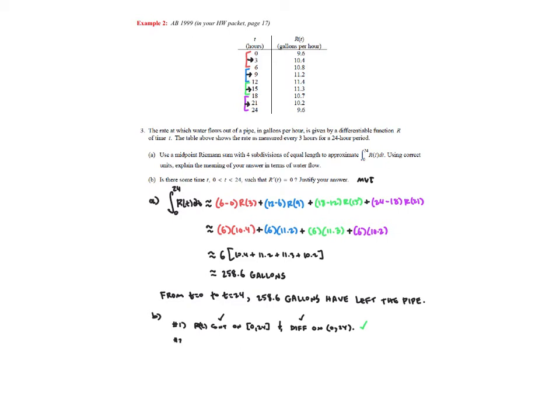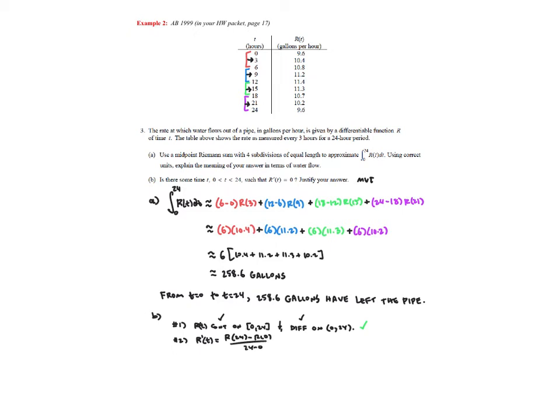The second thing we want to do is find the slope of the secant line. So the mean value theorem tells us that r prime at some value t has to be equal to, if the function is differentiable and continuous on this interval, r of 24 minus r of 0 over 24 minus 0.